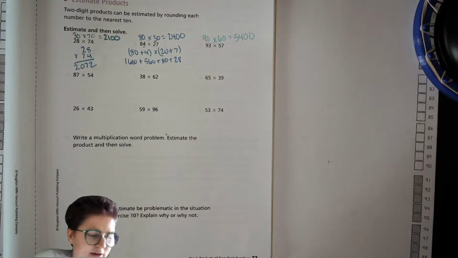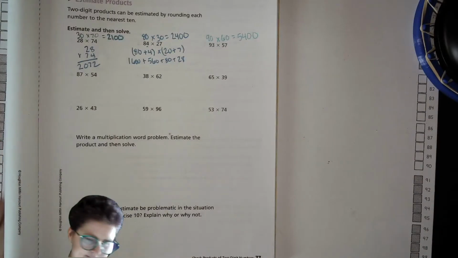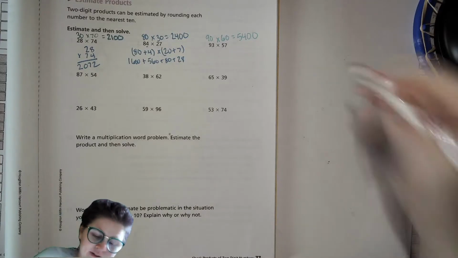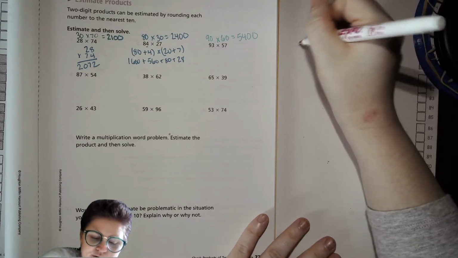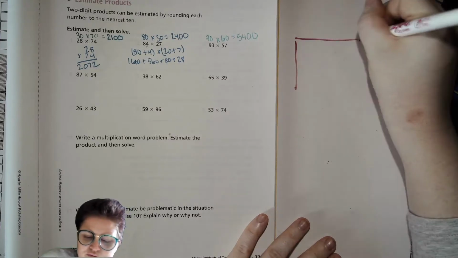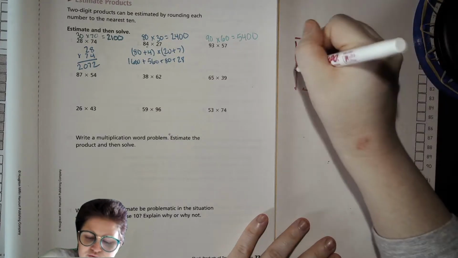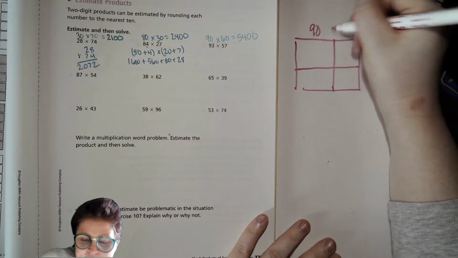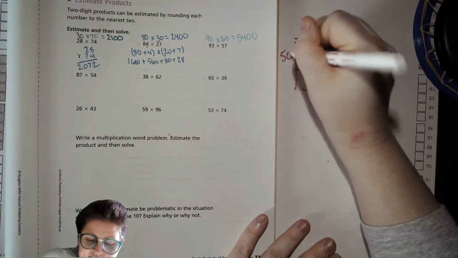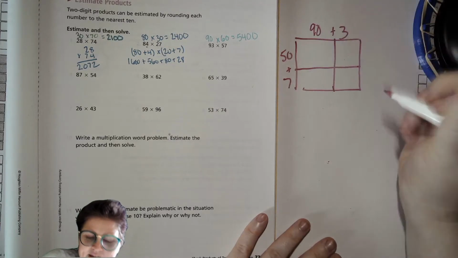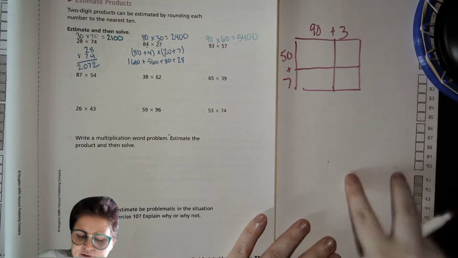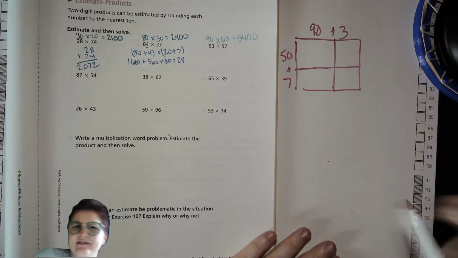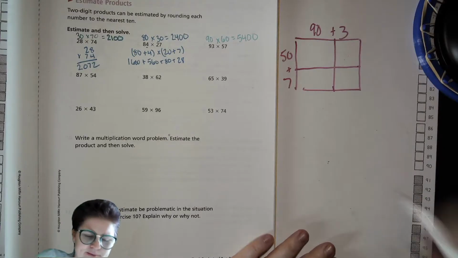Now let's see how close we are. All right, so 90 plus 3 and 50 plus 7. I'm just going to write them in vertical form here to save myself some time. I think that's one of the methods we practiced.